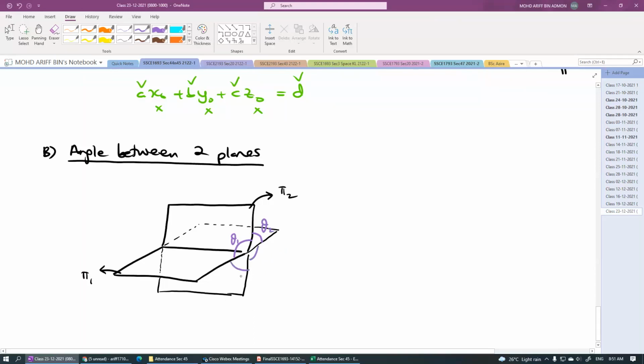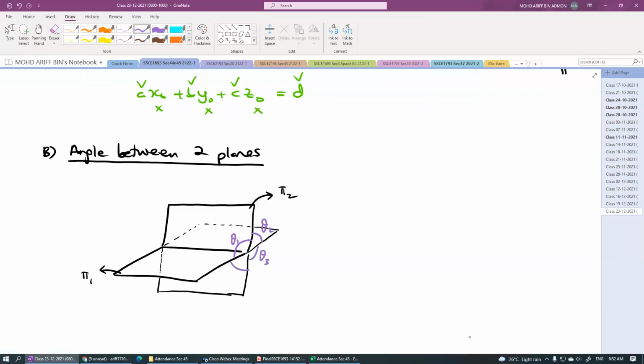All are about the angle between two planes. So theta 1 and theta 3 here must be similar. You can imagine if you have this textbook, this book, you extend a little bit, go down here. This angle should be similar to the angle here.